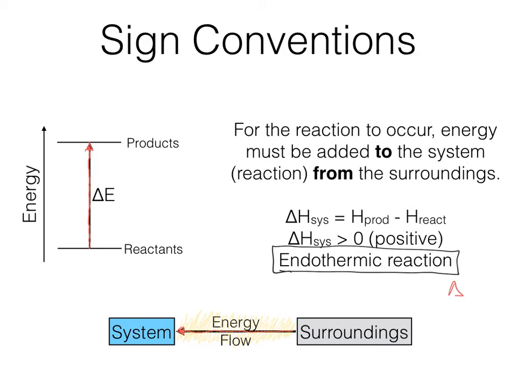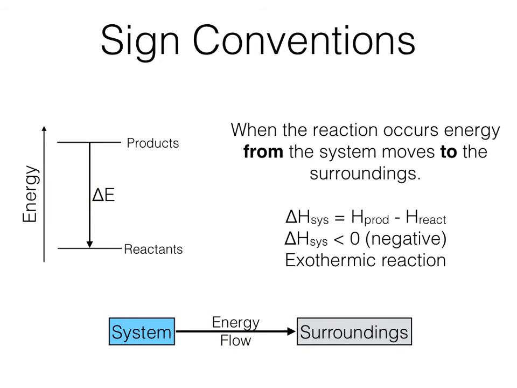For endothermic reactions, delta H is positive. The opposite of this is an exothermic reaction, and this is when energy is moving from the system to the surroundings, so the energy flow is going towards the surroundings, or energy is being given off from the reaction.